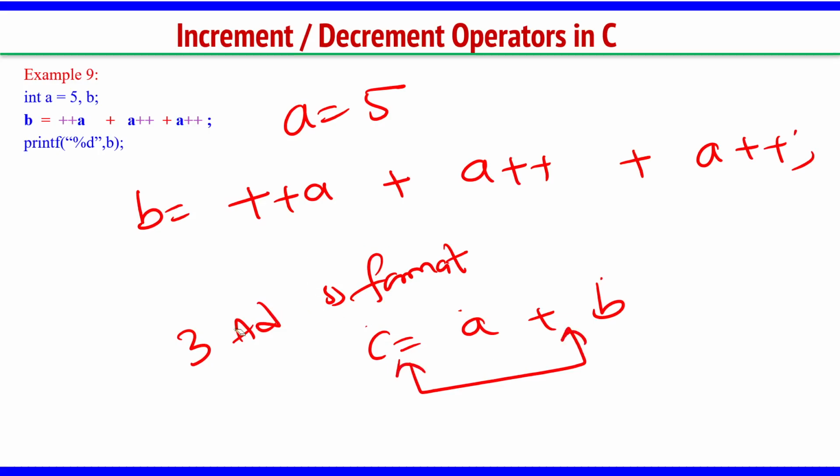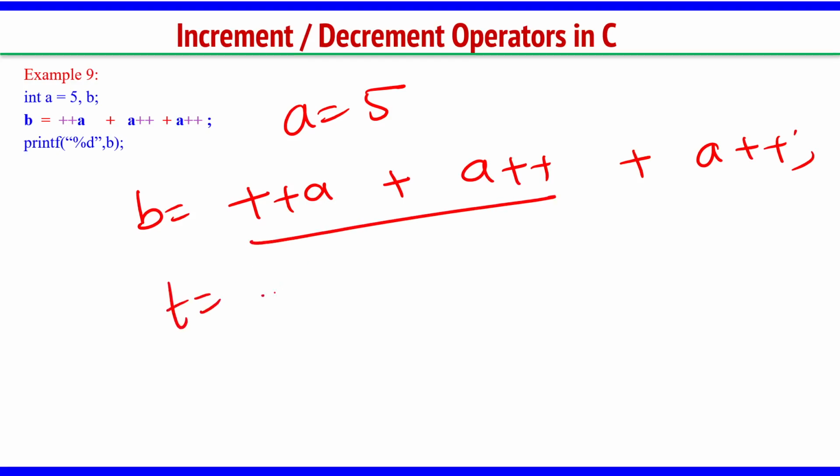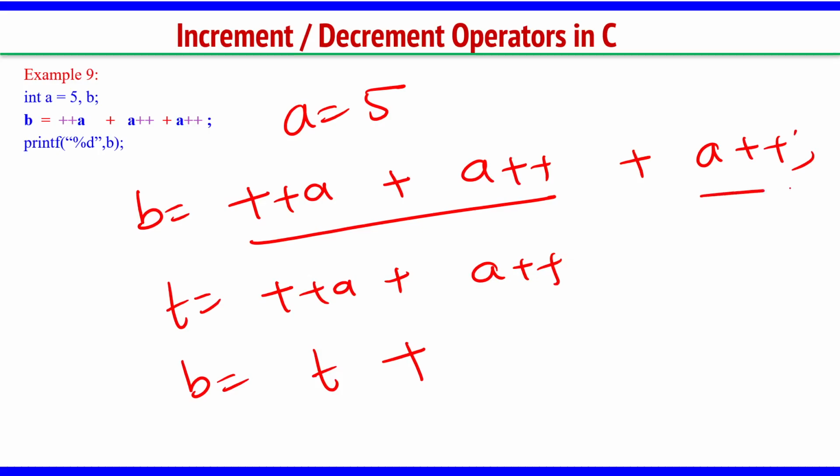Okay, but this is a very lengthy expression. What the compiler will do here is break down the expression into small pieces. So, it will become t equal to ++a + a++, then b equal to t plus the remaining a++. Now, you see c equal to a plus b format, okay, right.